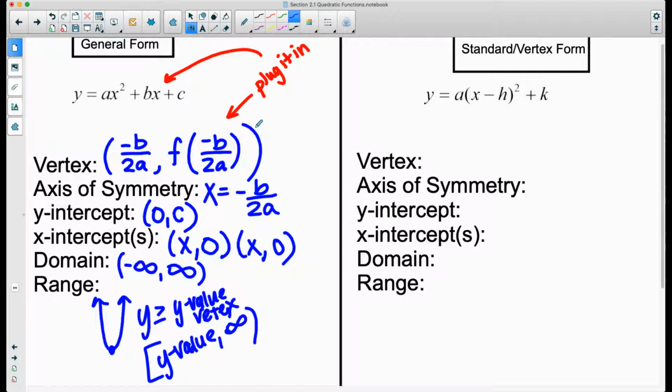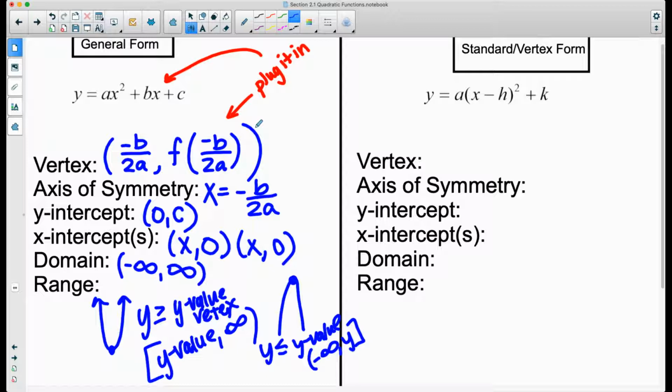If it was facing down, it would be less than the y value of our vertex, and we would have negative infinity to that y value. So that just depends on which way it opens, if it opens up or down. That probably would have been one lesson, one day.